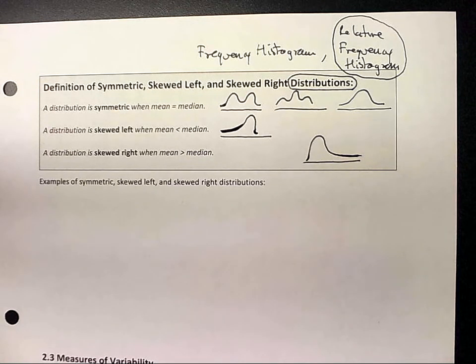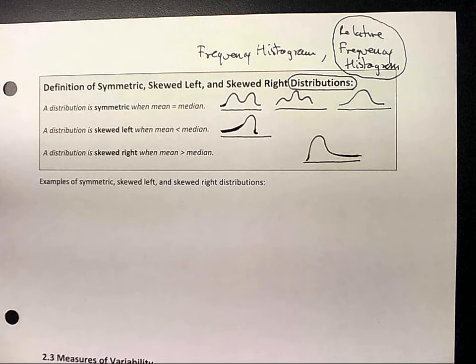A distribution is skewed left whenever this bigger side over here is on the left-hand side of the distribution. This is the technical term for it in statistics: this is the fat tail of the distribution. The fat tail of the distribution here is on the left-hand side, so that's why it's skewed left.